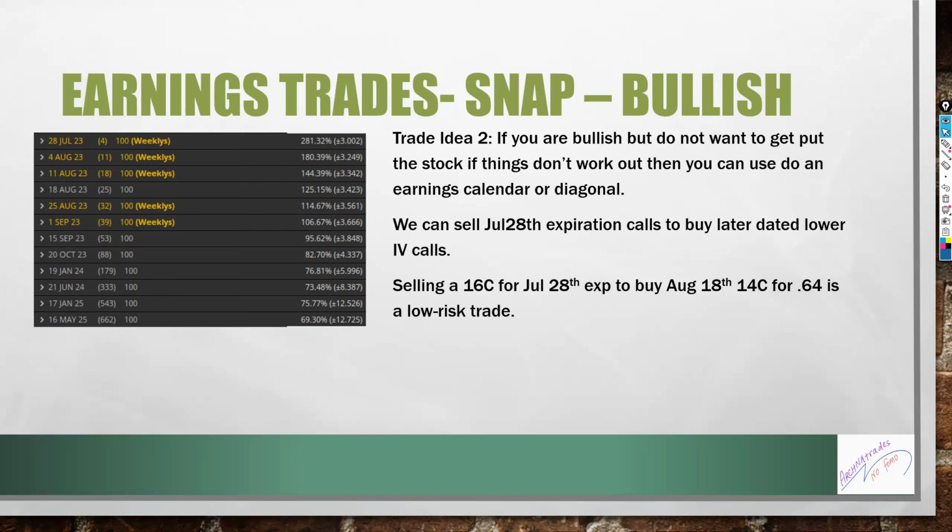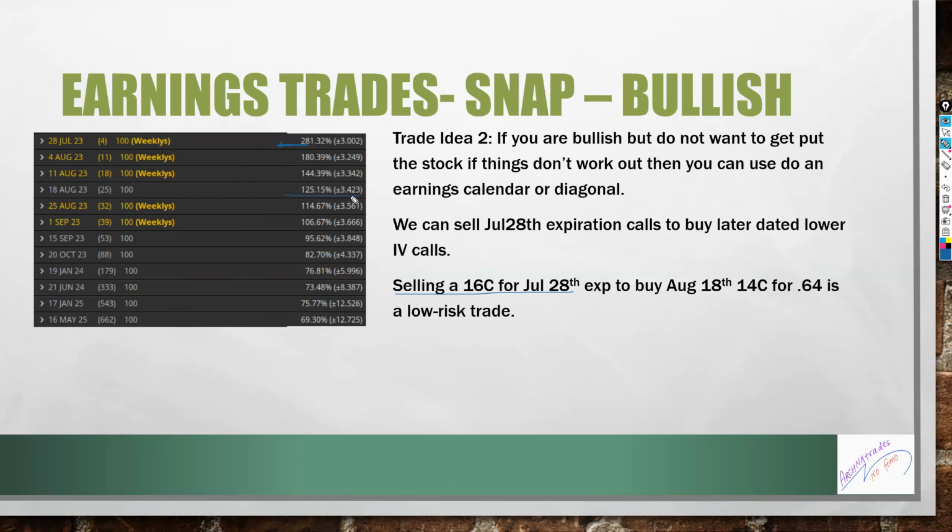You can sell the July 28th calls, because the premium is very high, the IV is high, the option is expensive. So sell an expensive option, buy a later dated call where the IV is low. So for example, you could sell the 16 call here, July 28, where the earnings is.